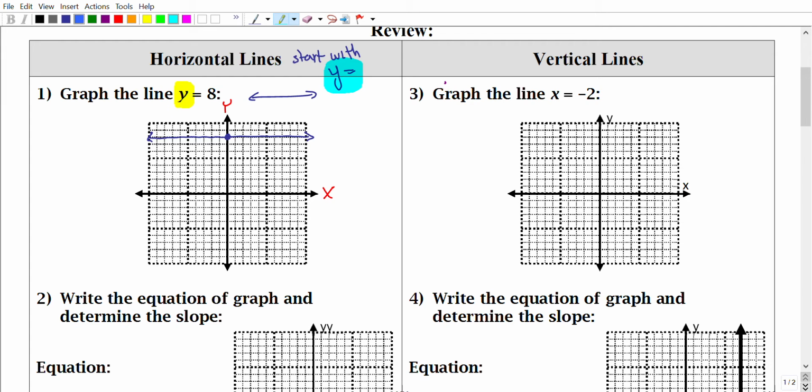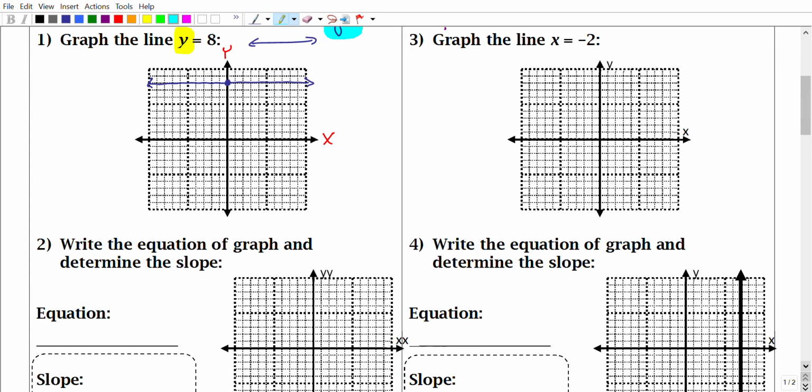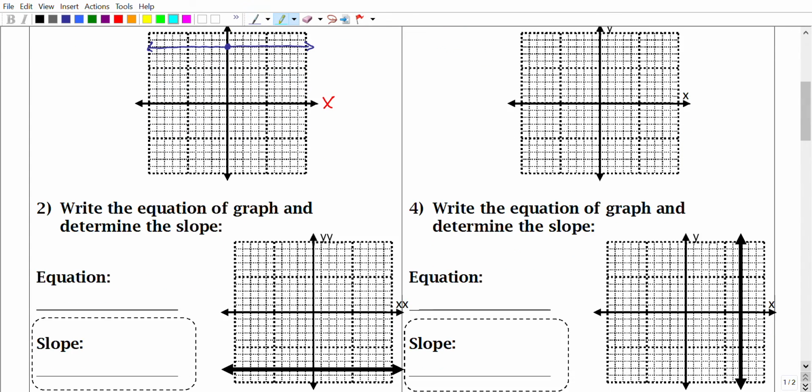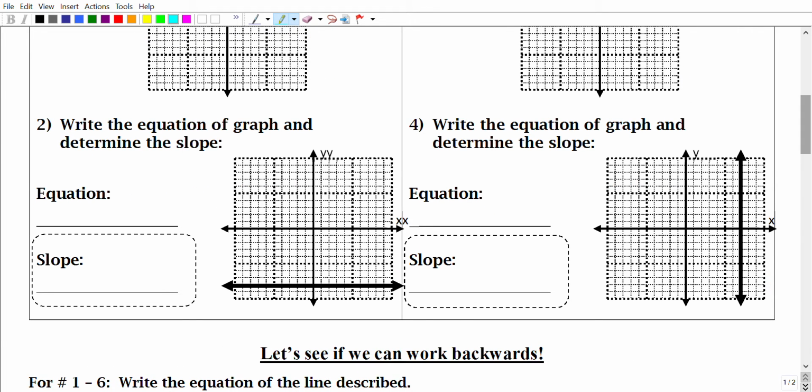Okay, so let's take a look at problem number 2 here on our horizontal line table. It says, write the equation of the graph and determine the slope. Right here I can see that the graph is a horizontal line, and once again, it crosses the y-axis at where?